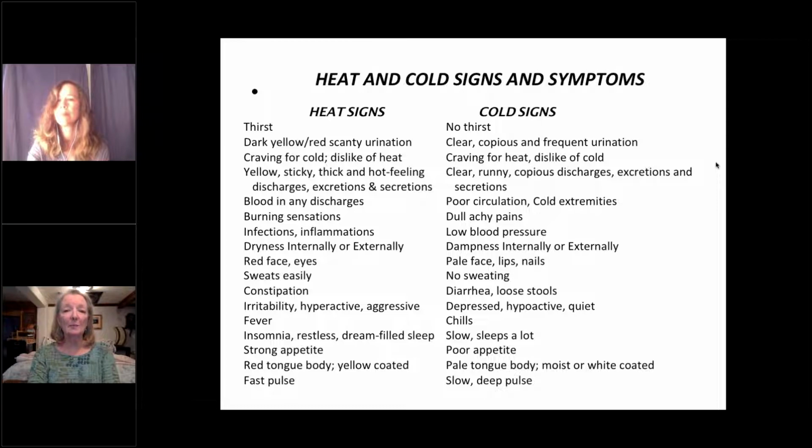And hot blood is heat in the blood, which we talked about earlier. So it could be bleeding anywhere from any orifice, or hemorrhaging, or red skin spots. And that would be heat in the blood. I hope that's what you were asking.